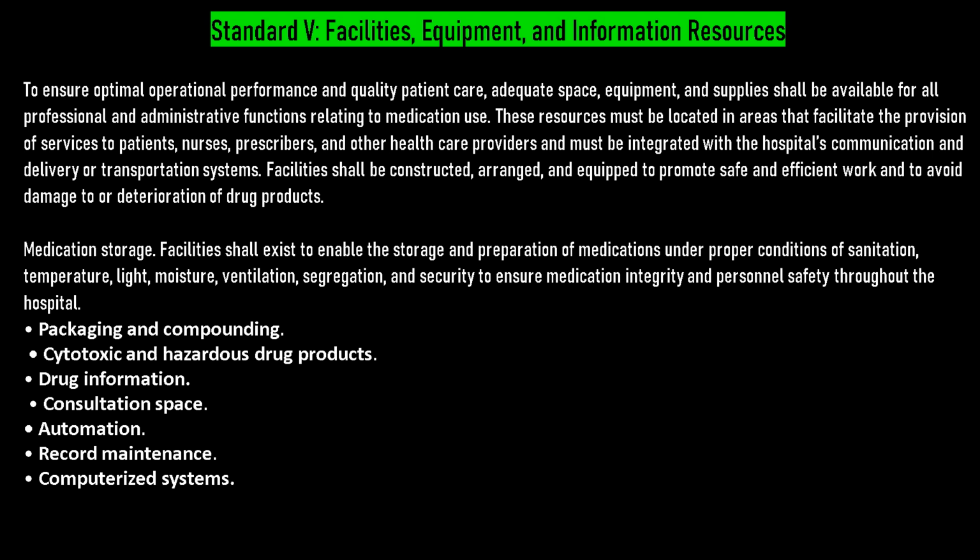Drug information: adequate space should be provided, and resources and information handling and communication technology shall be available to facilitate the provision of drug information. Next point, the consultation space.